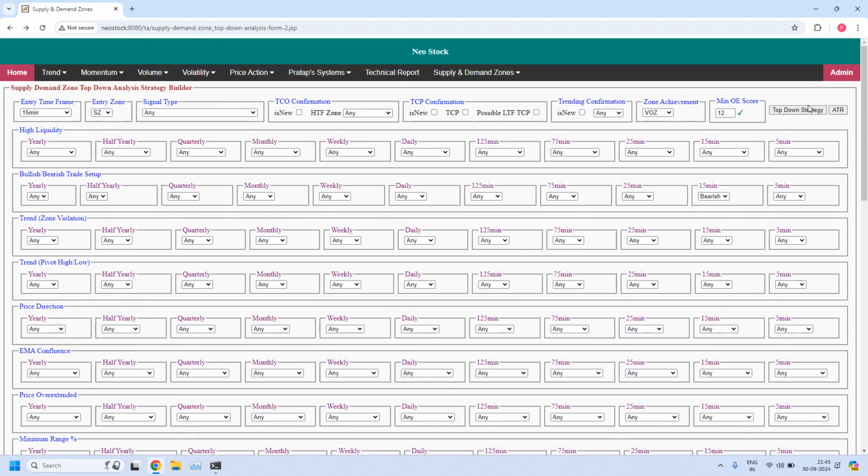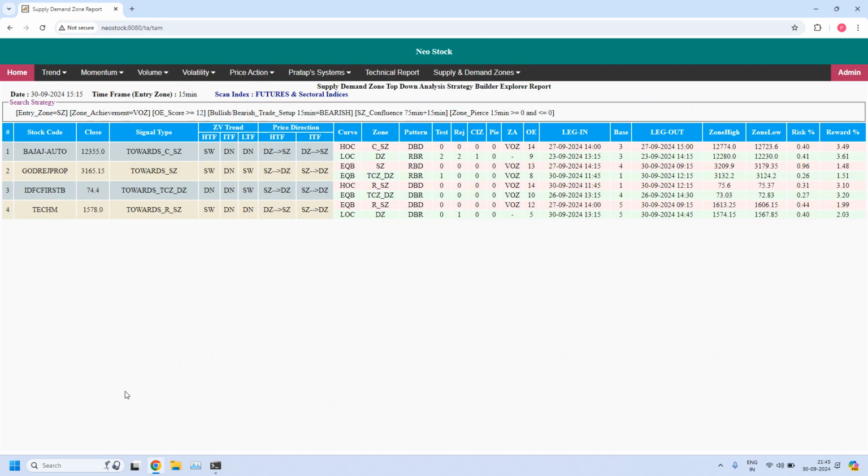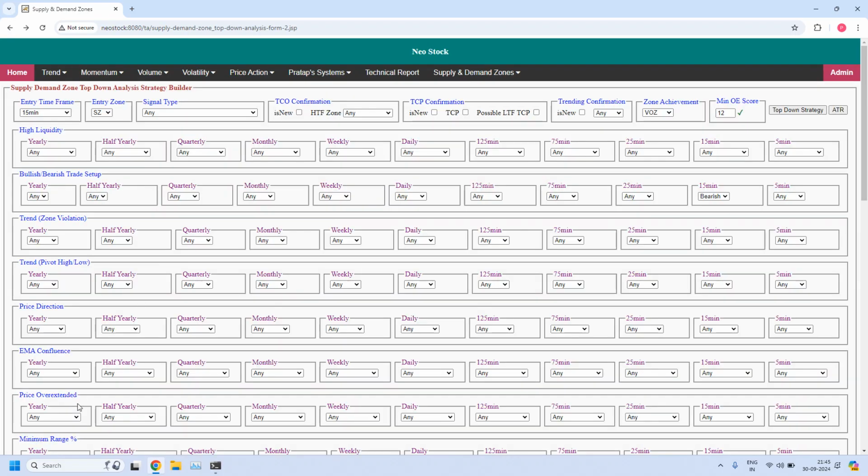This is ITF confluence. All the 4 stocks are having ITF confluence. Excellent. That means 15 minute zones are part of 75, and the 75 minute zones are also downtrend. If any of the 75 minute zones are having daily EMA confluence, it's a high probability setup. Let us verify.